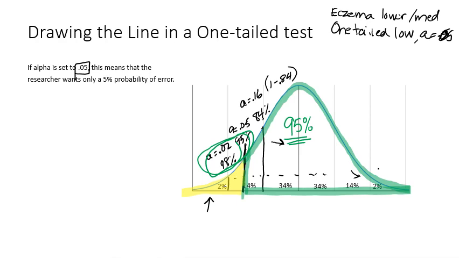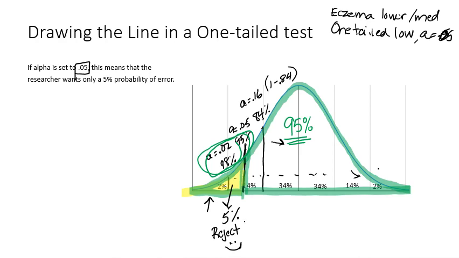And so in this case, if alpha is set to 0.05, and we know that 5% of the scores are going to be in this lower tail, and our sample gets a score in this lower tail, there's only a 5% chance that we just got that score at random. We just pulled a sample and we got lucky. There's only a 5% chance of getting a score in this region. And so this is our reject region, where the researcher is happy.